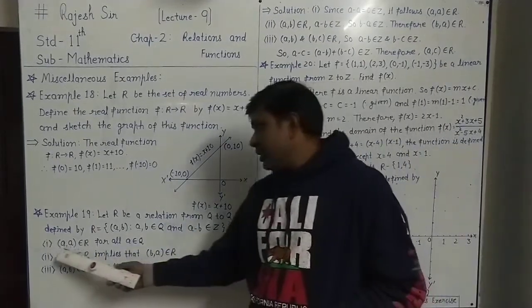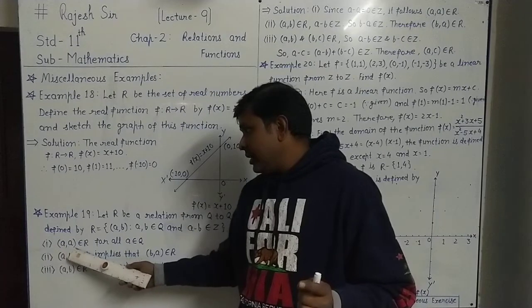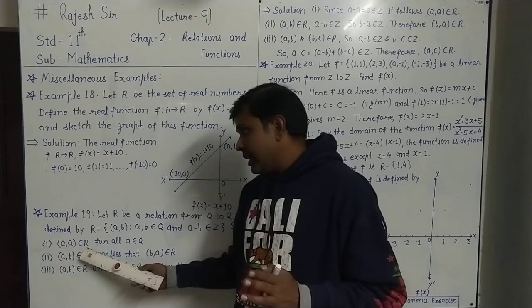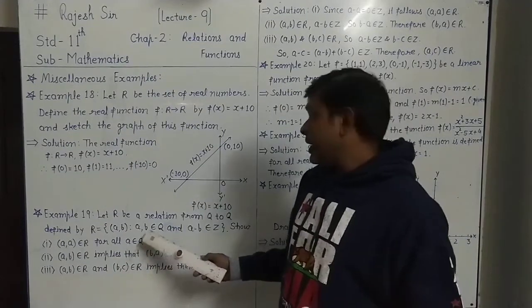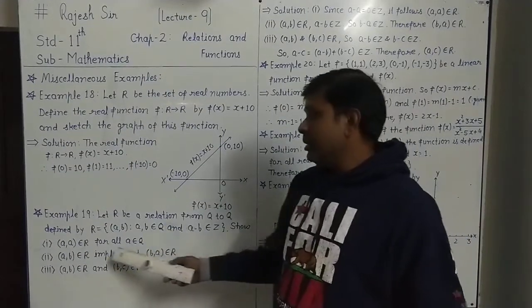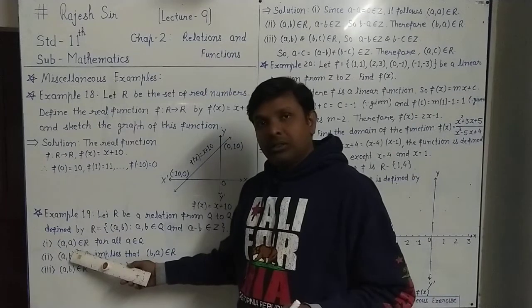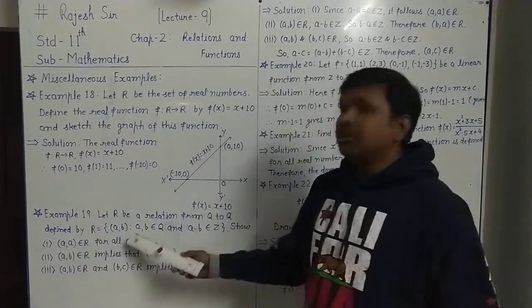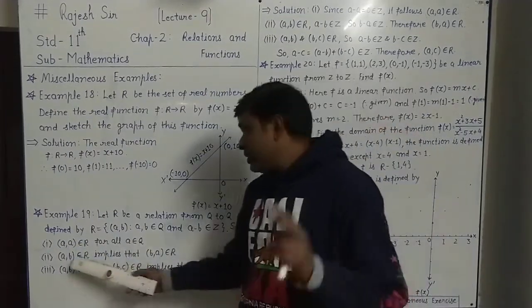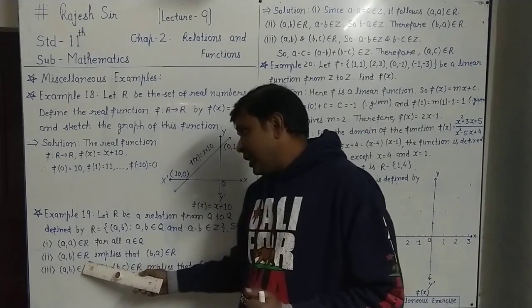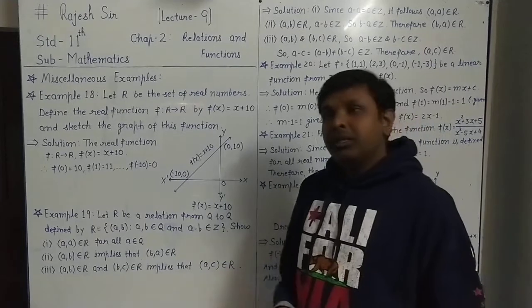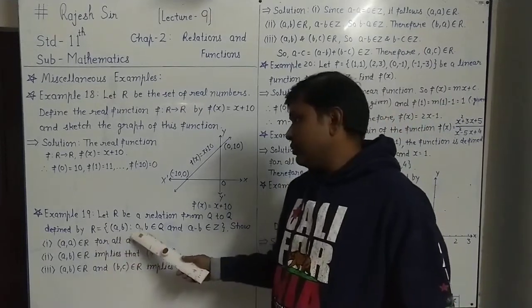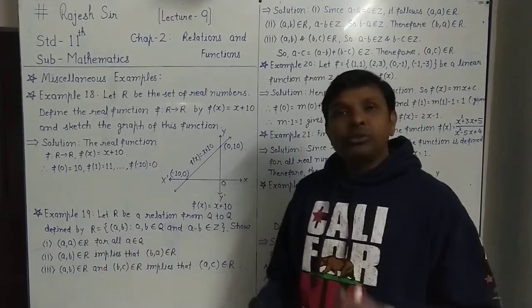We have to show here, number 1, (a, a) belongs to R for all a belongs to Q. If you take any rational number, the same rational number will follow this relation. Second, (a, b) belongs to R implies that (b, a) also belongs to R. If (a, b) is in the relation defined this way, then (b, a) is also in the relation.